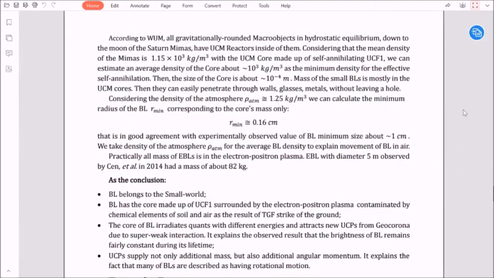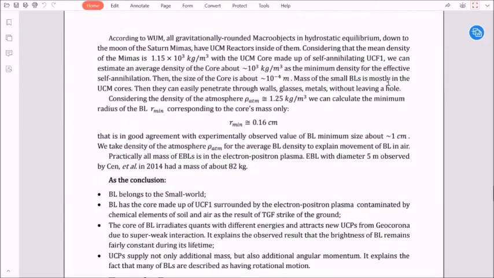Considering that the mean density of Mimas is about 1,150 kilograms per cubic meter, with a UCM core made up of self-annihilating UCF1, we can estimate an average density of the core about 1,000 kilograms per cubic meter as the minimum density for the effective self-annihilation. Then the size of the core is about 10 to the minus 4 meters.